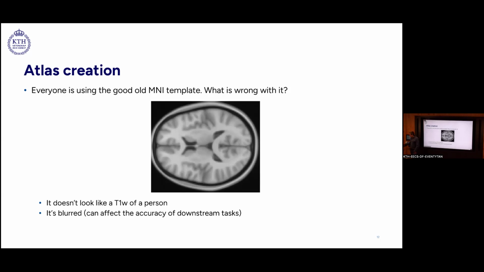And the most used is this MRI template. What is wrong with it, at least for our purpose? First, it doesn't really look like a person. What they did was just an average of a lot of people, so of course it's very blurred, and that can affect the accuracy of downstream tests.